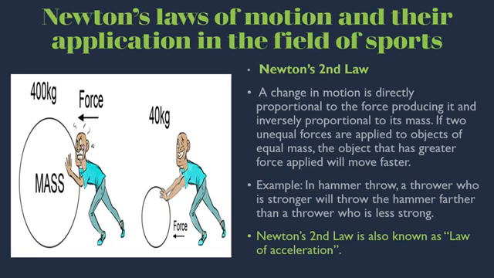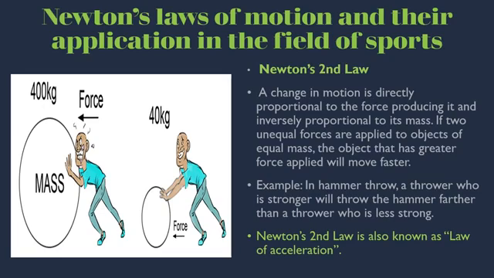A smaller object will move faster than a larger one. A greater force will move an object faster than a smaller force. If two equal forces are applied to objects of different masses, the lighter mass will travel at a faster speed.